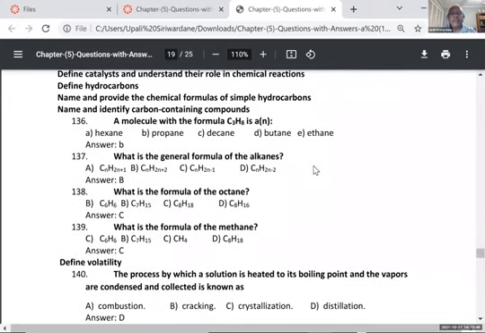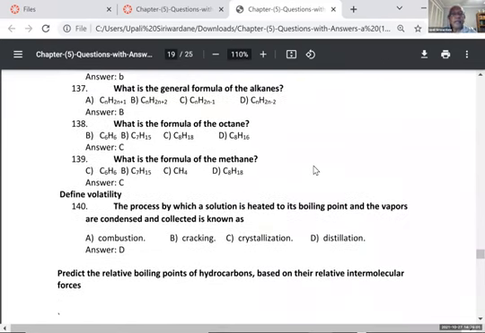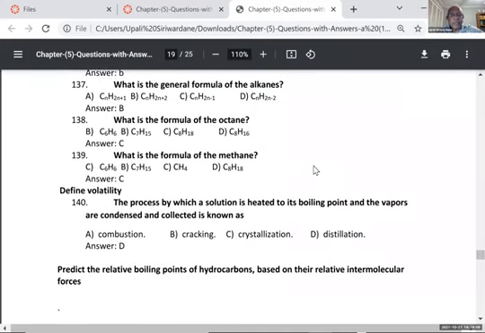The formula of C3H8 is propane. The general formula of alkane is CnH2n+2. What is the formula of octane? C8H18. 8 times 2 is 16 plus 2 is 18. Methane is CH4.